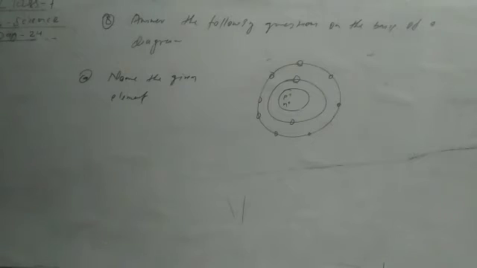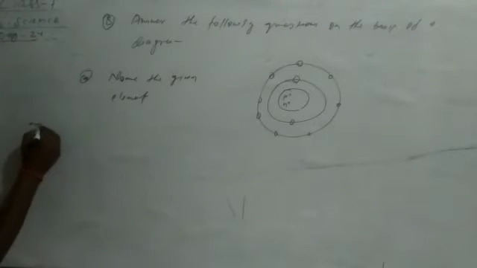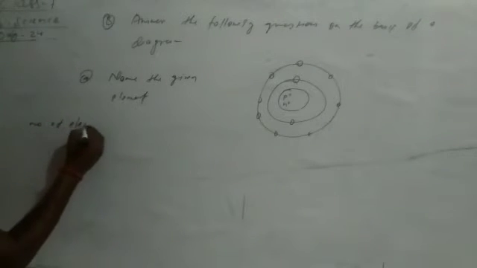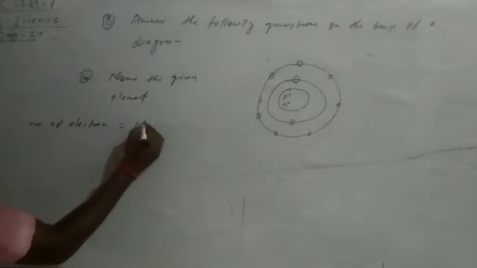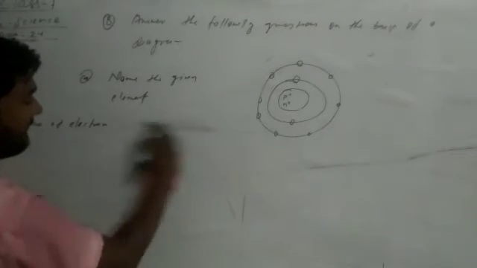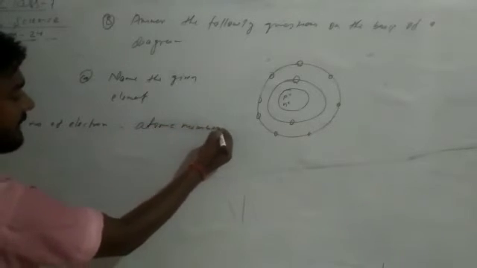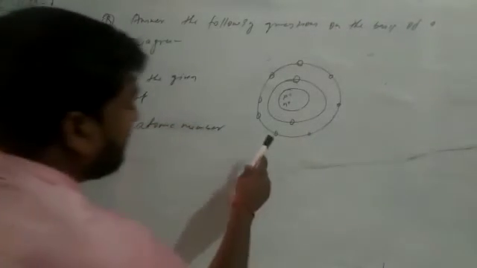So how will you find that out? We have to count, I told you, the number of electrons is equal to the atomic number, okay? Atomic number. So count.